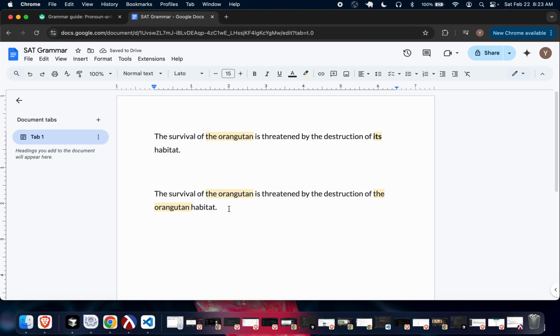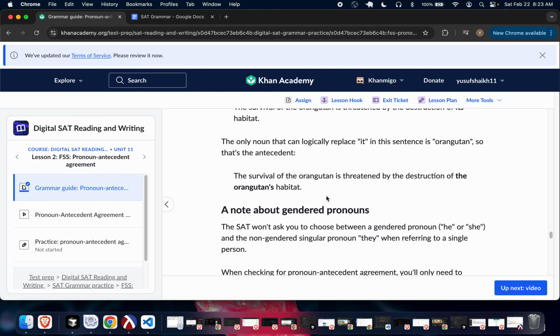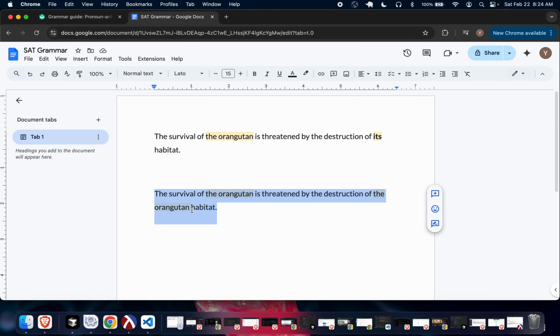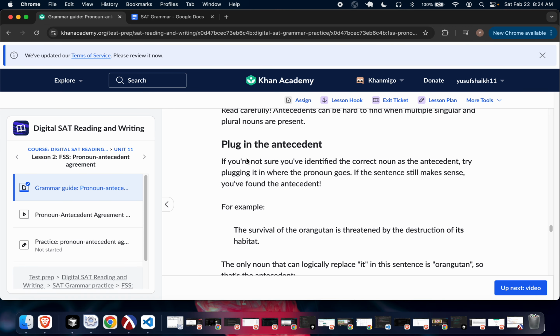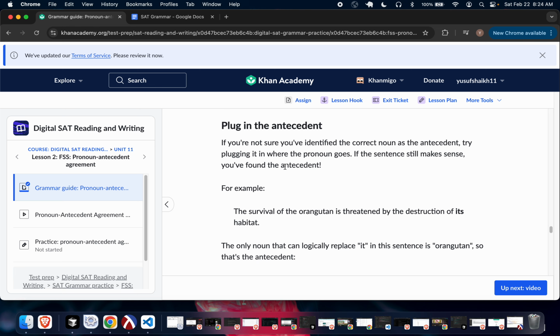That's what I can do to check to see if this makes sense. We would have to replace this with the orangutan's habitat. So this tip is mainly for if you want to make sure that you've identified the correct noun as the antecedent.